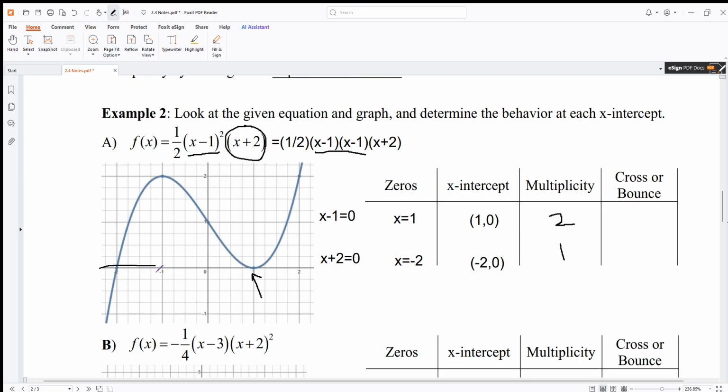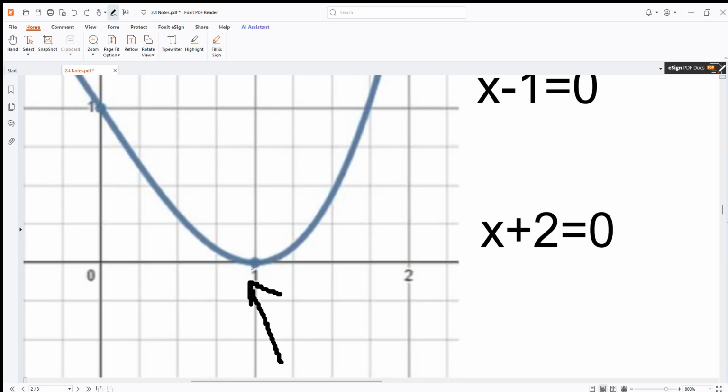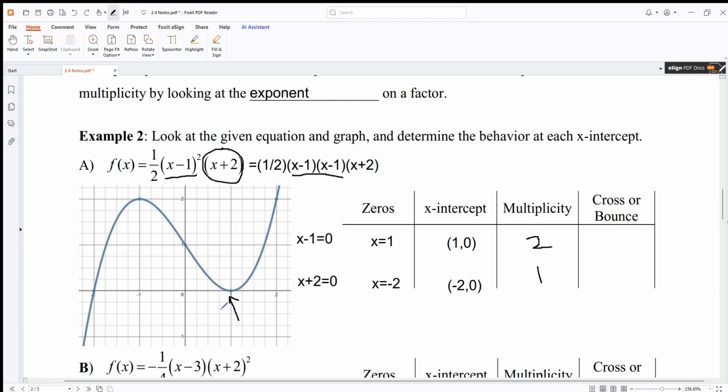Well, my x-axis is that horizontal line right there. It's not going through it. We can see the dot is touching it, but it's not going through, which means that that is bouncing off of it. The other one, at negative 2 comma 0, that point is crossing it. That's all it's asking.